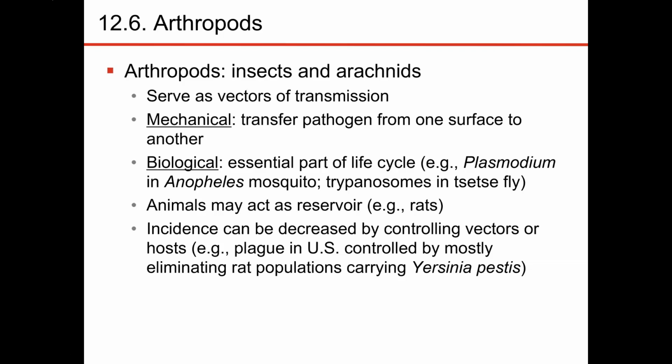And so what happens then when it vomits, it pushes the bacteria into another host. And so that's how Yersinia pestis gets transmitted from a rat to a human. So that would be another mechanical vectoring because the Yersinia pestis does not replicate inside of the flea.